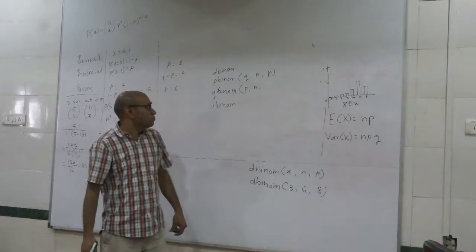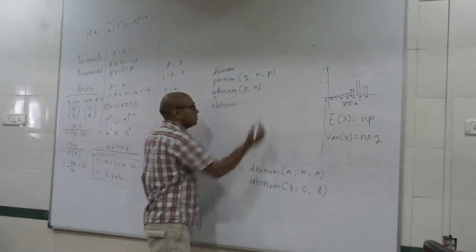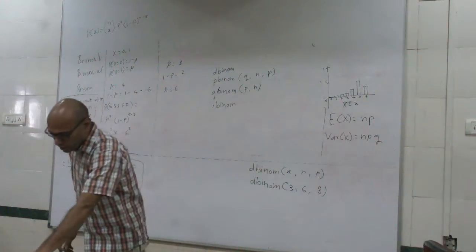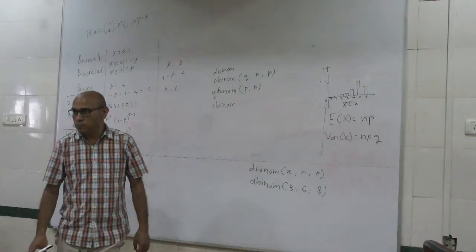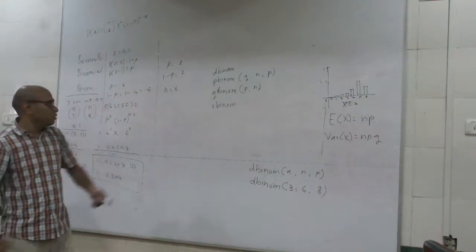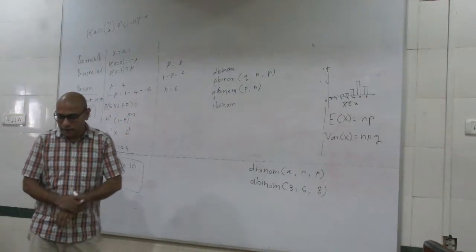Right? Yes. I get the q. So this is how I would perhaps write pbinom, qbinom, and dbinom. rbinom would help me in generating the data.